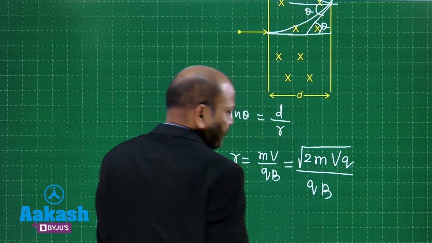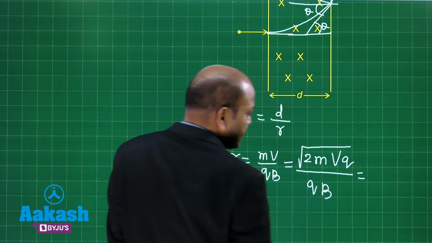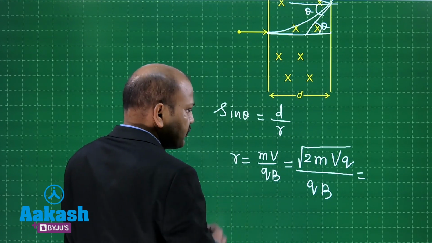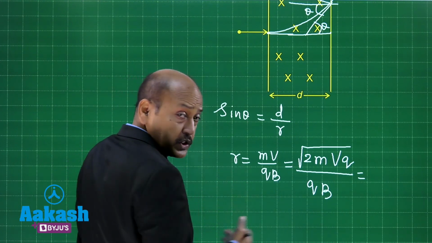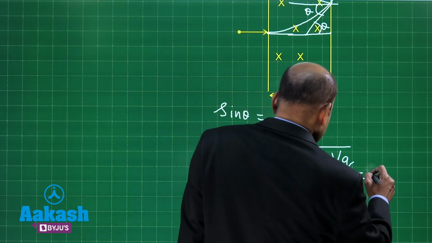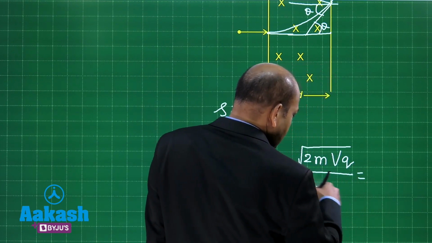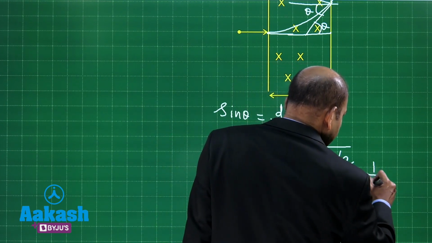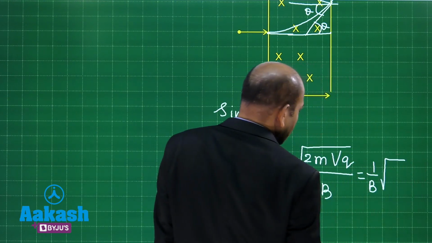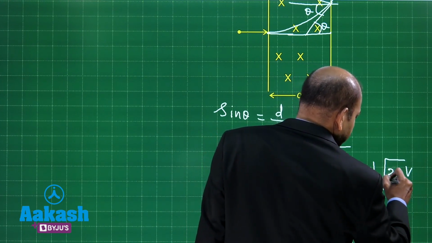So, this further simplifies as follows. In this particular case, B is going to be the same for both the particles, masses are different, V is the same, and charge also is different on the two particles. So, that means we can simplify it as: there will be q, or rather a square root of q, in the denominator, 1 by B we can keep outside, and then within this square root sign we have 2mV divided by q.